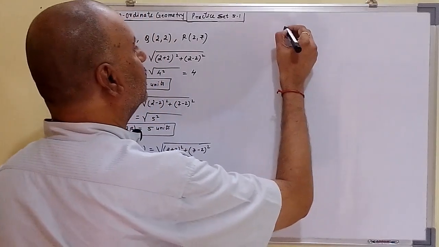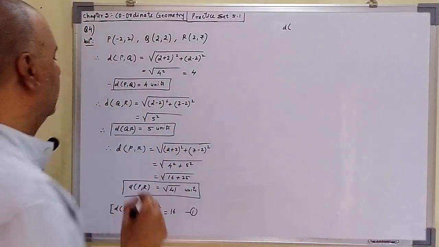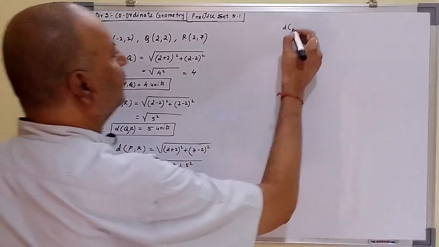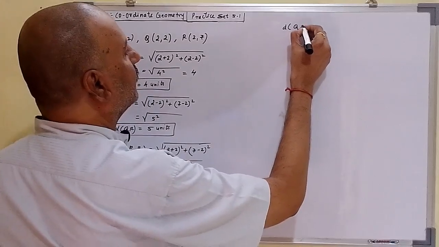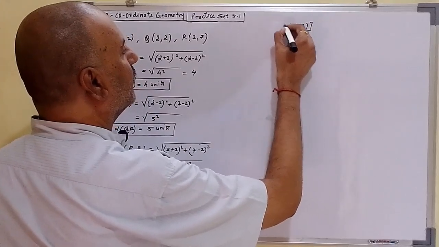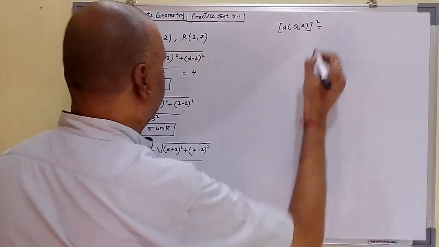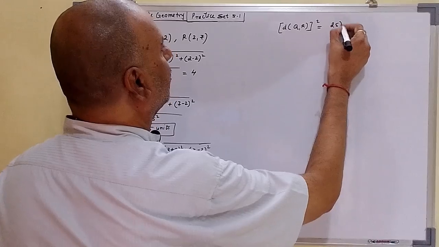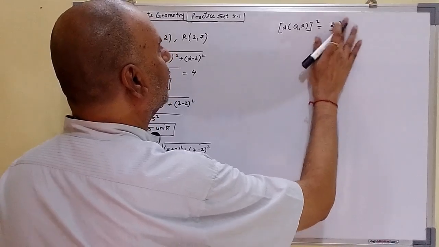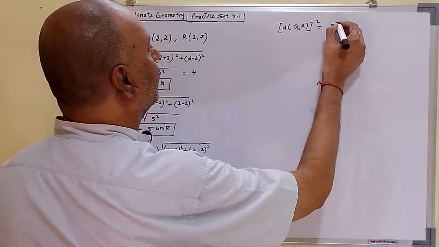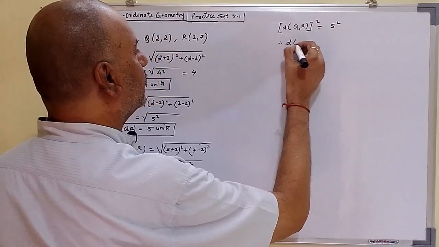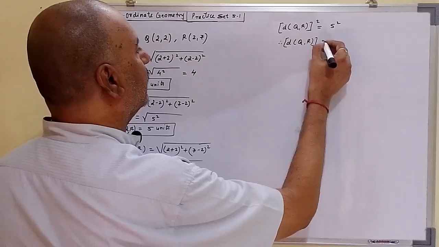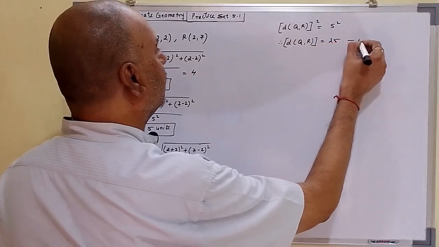Now go for distance QR square, which is 25, so distance QR is 5.